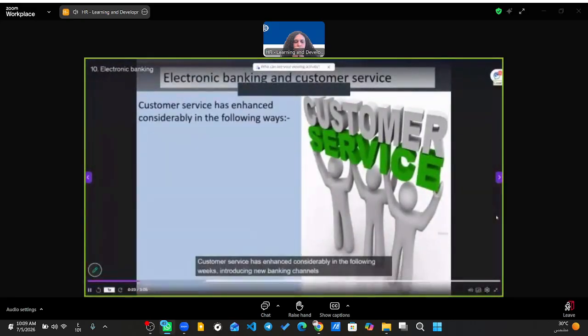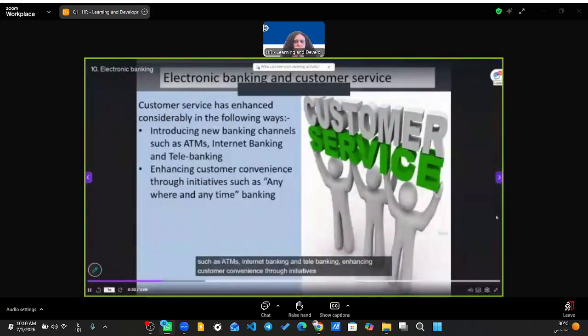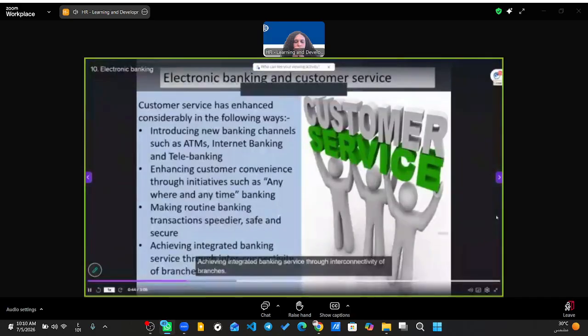Customer service has enhanced considerably in the following ways: introducing new banking channels such as ATMs, internet banking, and telebanking, enhancing customer convenience through initiatives such as anywhere and anytime banking, making routine banking transactions speedier, safe, and secure, achieving integrated banking service through interconnectivity of branches.